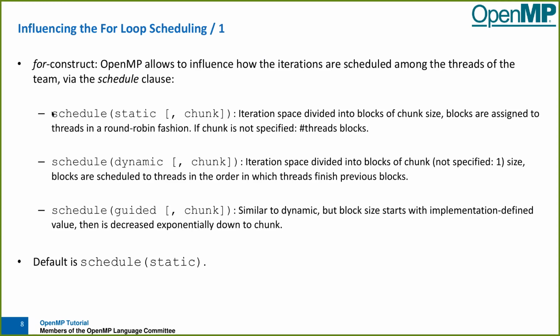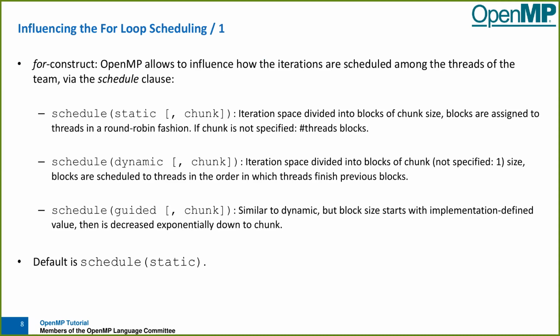So by default, a so-called static schedule is being used. That means the iteration space is divided into blocks of a certain chunk size. By default, we have as many blocks as we have threads, and by default means there's no chunk specified. And then these blocks are assigned to the threads in a round-robin fashion. If we have as many blocks as threads, there's a clear mapping. Block 0 goes to thread 0, and so forth.